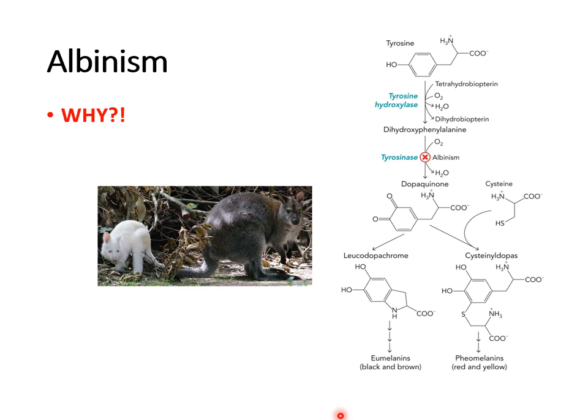So when you look at this pathway, you see that these melanins that give color to your body parts and to your hair and eyes as well, these molecules are made thanks to the ultimate precursor of tyrosine.